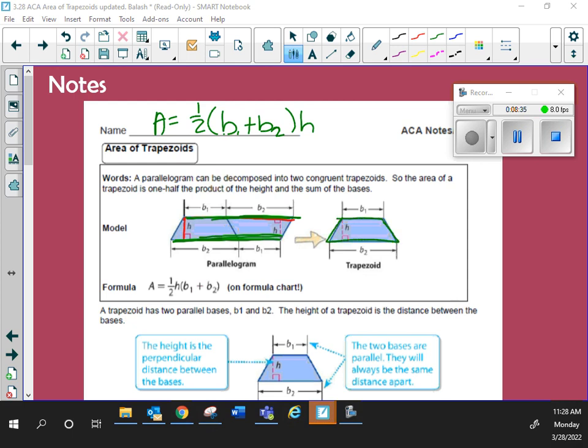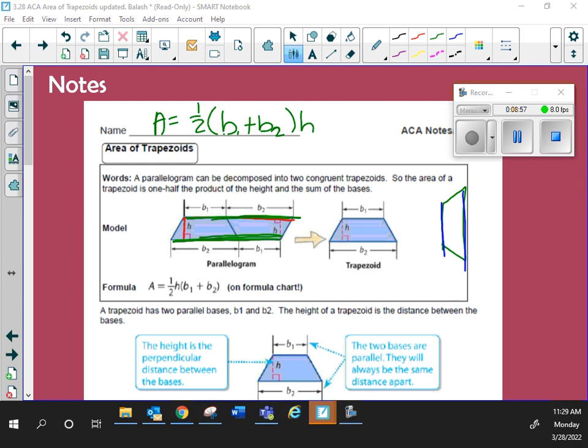I can take this trapezoid and rotate it just like that. But the two bases have to be parallel. So in this case, are my bases the top and bottom, or the side and the side? The side and the side. Okay? Miss Lytle will try to trick you straight up. I'm going to tell you honest. The bases will always be parallel.